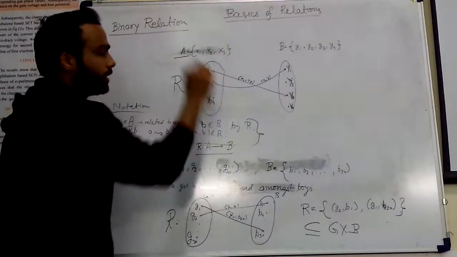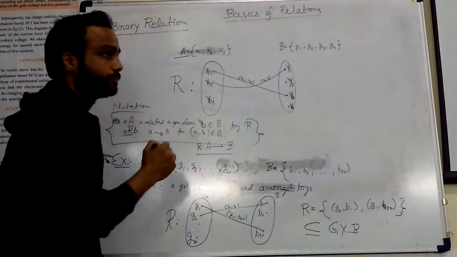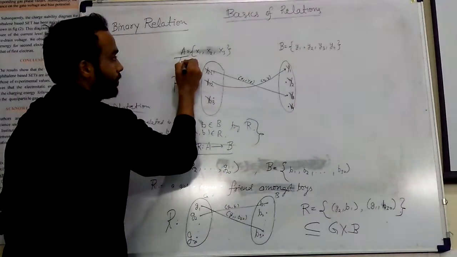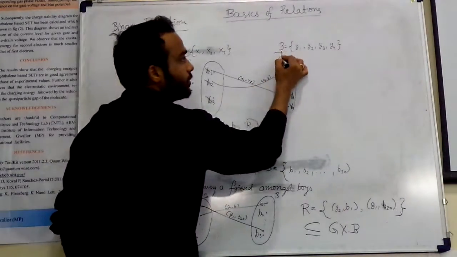We call A the domain and B the codomain.